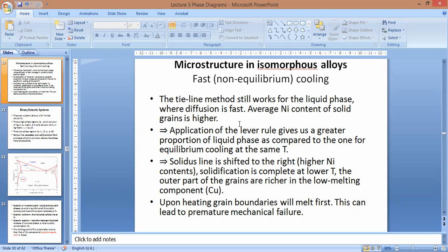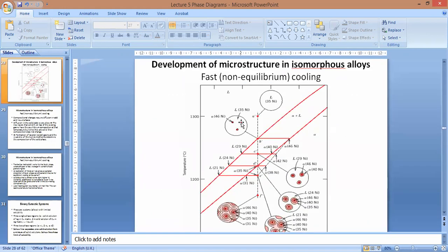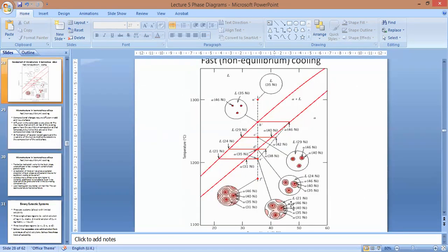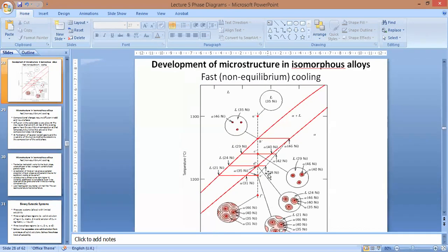Let me get back to something that has some boundaries. So what is being talked about here is that the outer layer, as you can see, will be composed mainly of copper, the metal with a lower melting point. So when this metal is subjected to any form of heat, it will start melting in the boundaries.